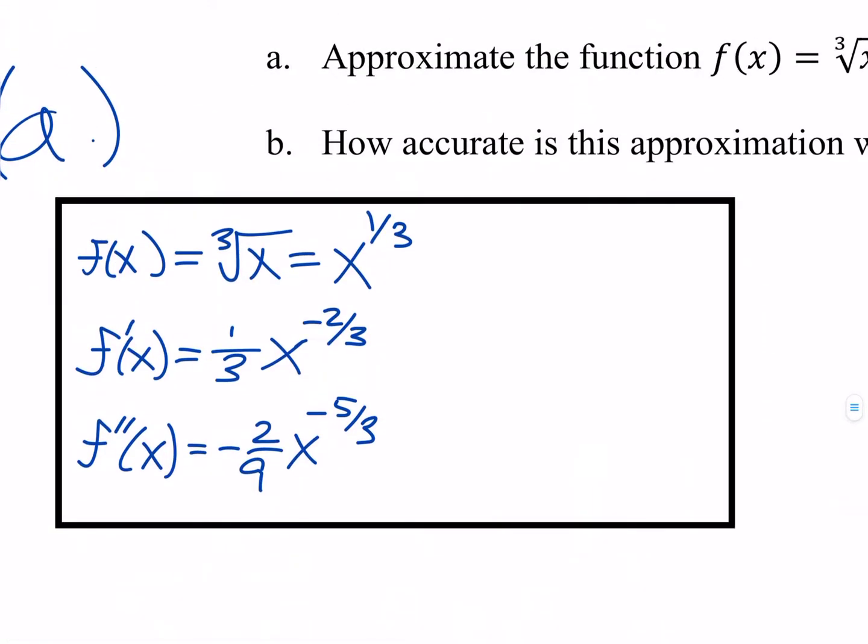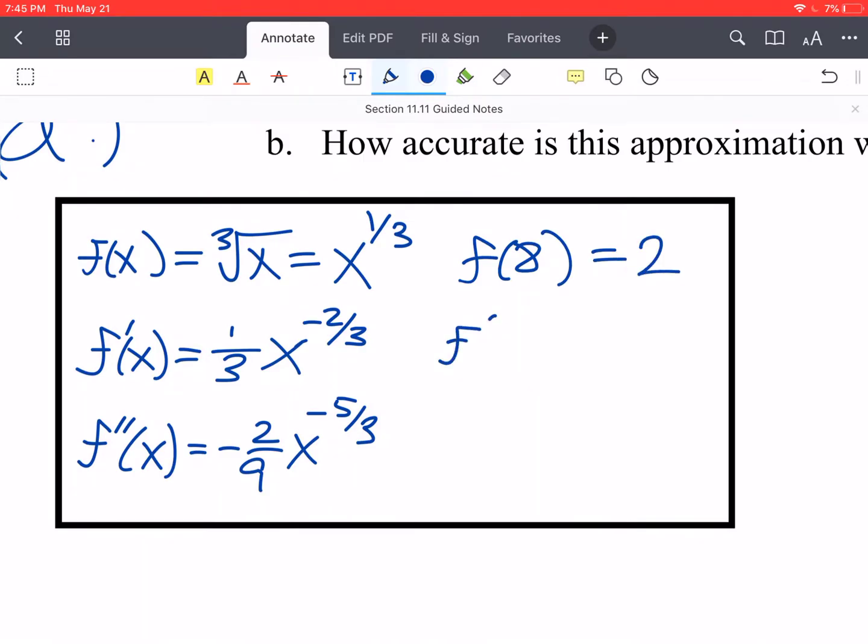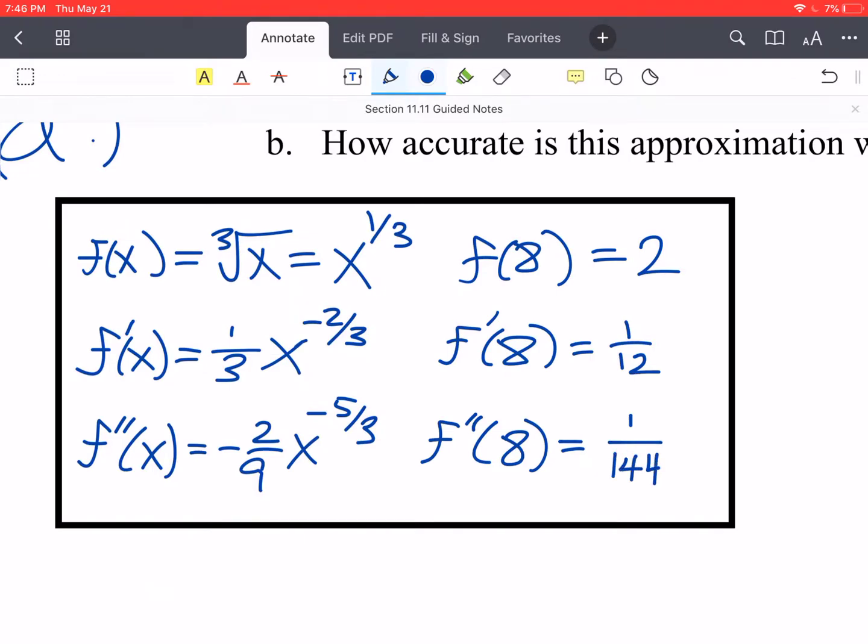Then when we evaluate at a equals 8, f of 8 is the cube root of 8, which is 2. f prime of 8 is going to be 1/12, and f double prime of 8 is going to be negative 1 over 144.